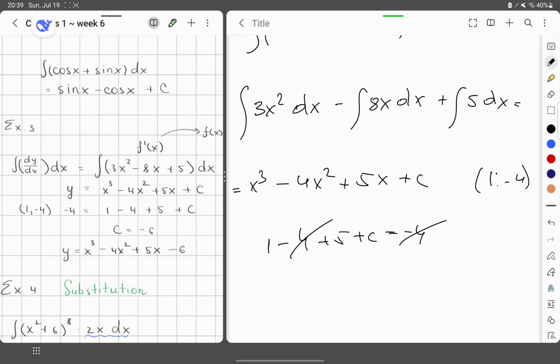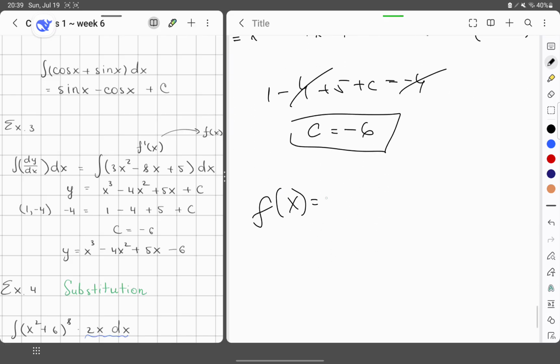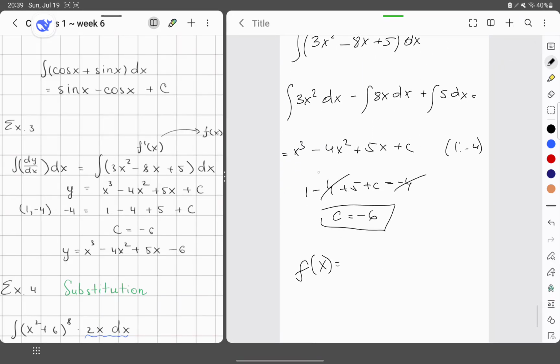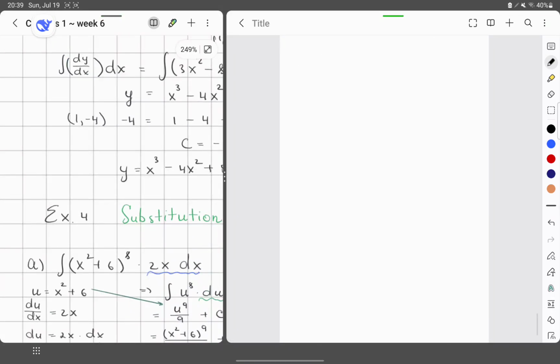Negative 4 will be cancelled and c will be negative 6. Okay, and our function will be what? x cubic minus 4x squared plus 5x minus 6. Yeah, that is the favorite part of this lesson.